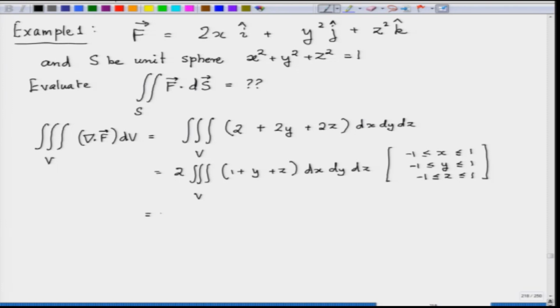So, you have 2 times integral over V of dx dy dz, which is dV actually, plus integral over V of y dx dy dz, plus integral over V of z dx dy dz.